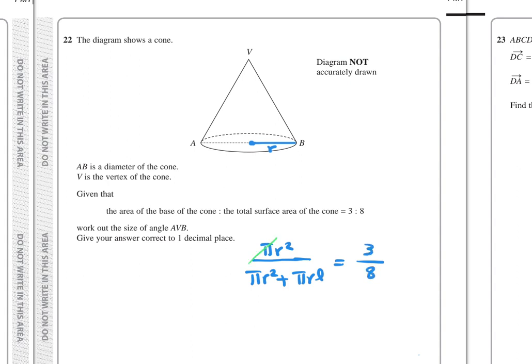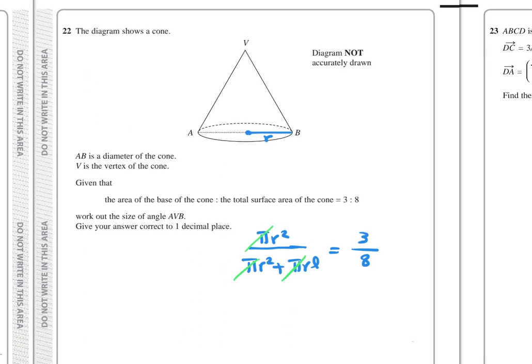You can cancel pi with pi and cross multiply. So 8r squared equals 3r squared plus 3rl.